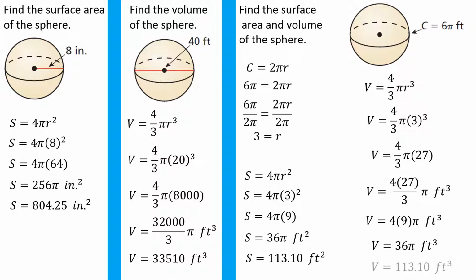Hokey smokes, Bullwinkle, how about that? 36 pi cubic feet instead of 36 pi square feet. And then for the volume, 113.10 cubic feet, as opposed to the surface area, which is 113.10 square feet. Really cool how that worked out when the radius was exactly 3.